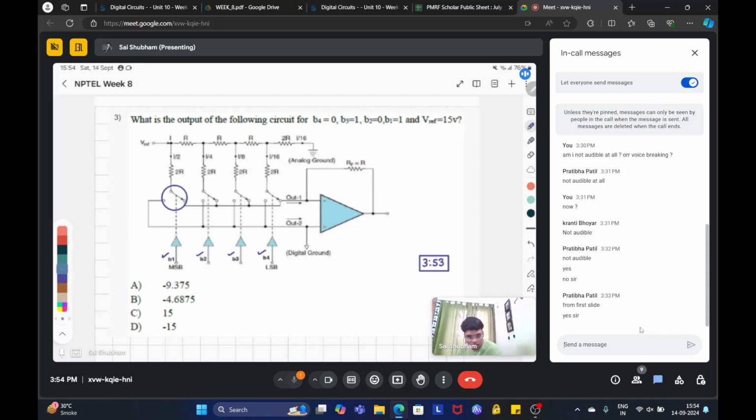In order to solve this question, some basic concepts of op amp is needed. Okay. If it is not visible, this portion is plus and this is minus. This is your V out.